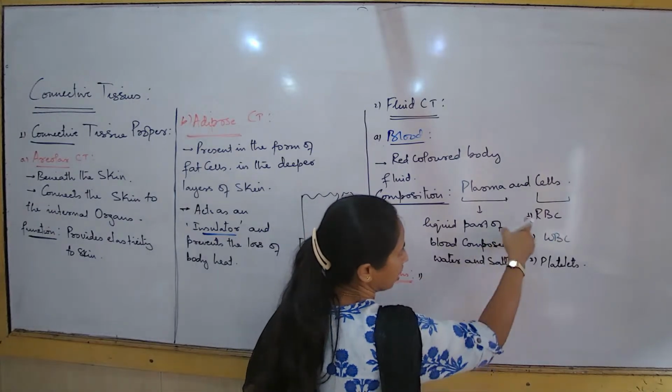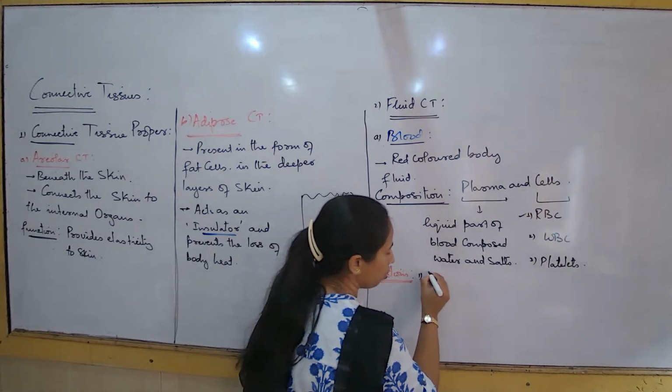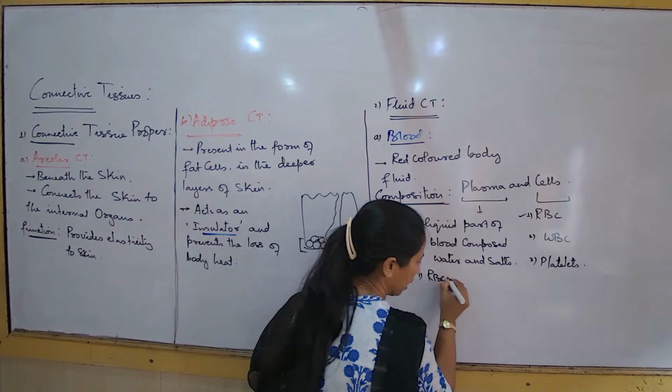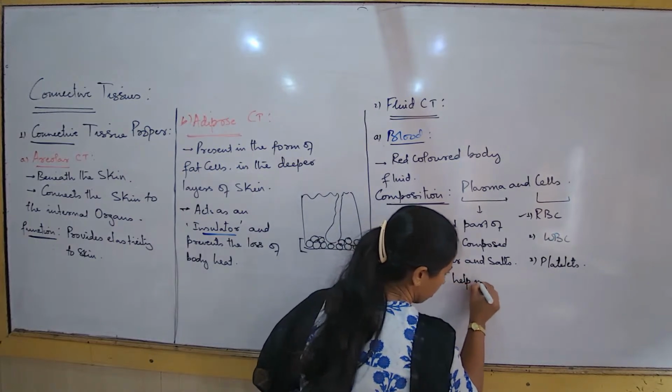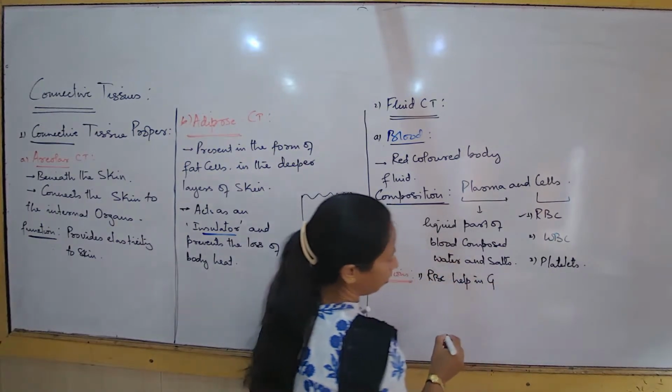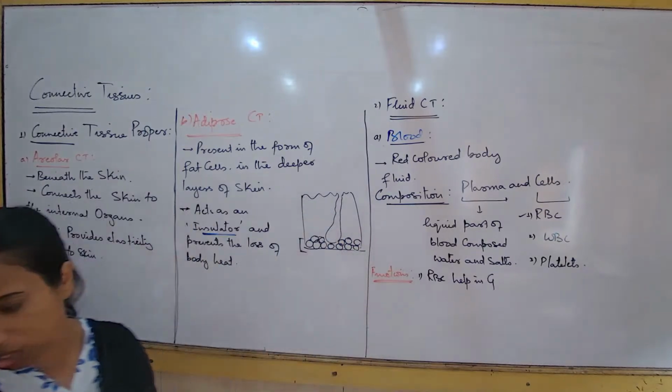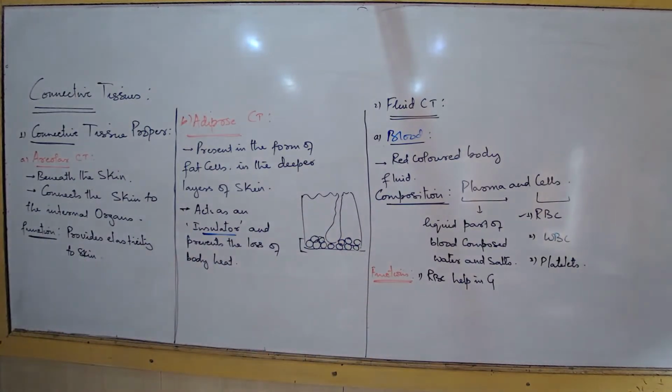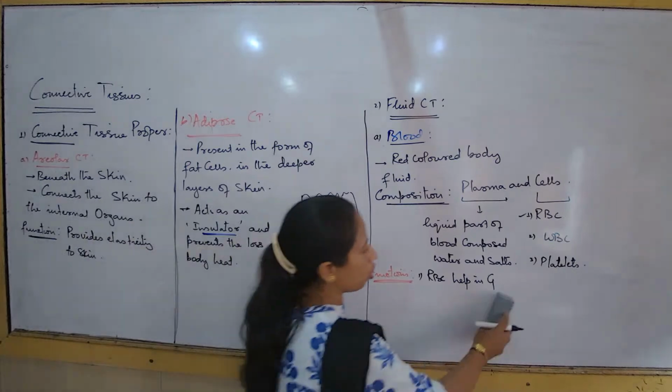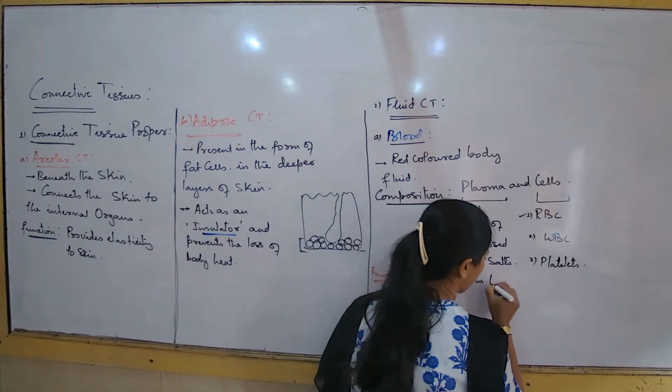The first function, I talk about RBCs. What does it do? RBCs help in gaseous exchange. RBCs help in the transport of oxygen and carbon dioxide.